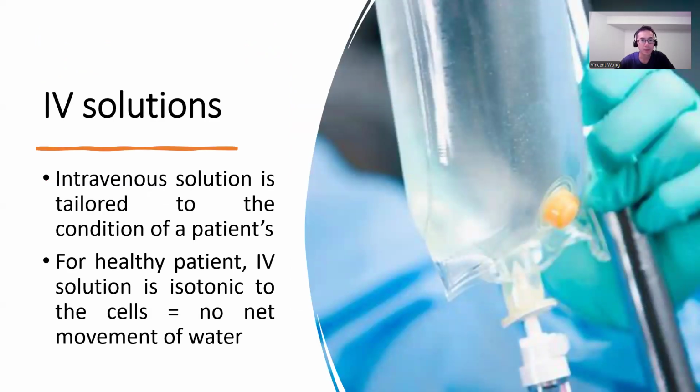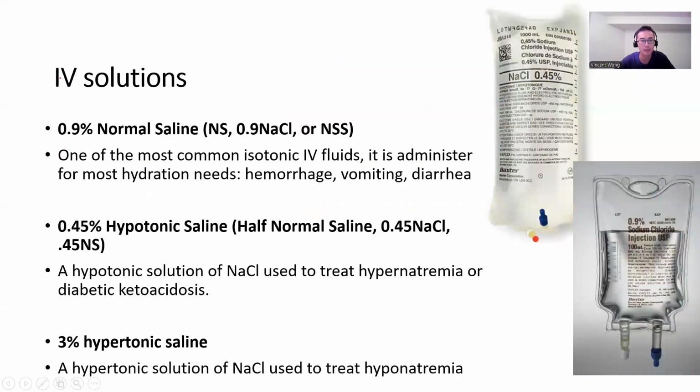Okay, moving on. I was going to tell you about IV solutions, but we are running tight on time, so I'm going to skip through these parts. I will not test you on it. But it's good information, because if you become a practical nurse or a registered nurse, you will have to give people IV solutions.